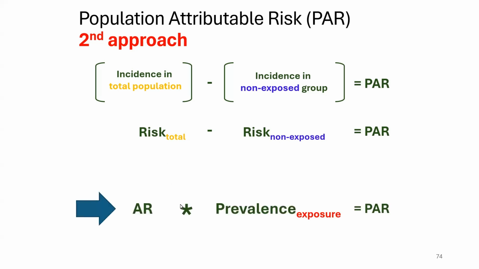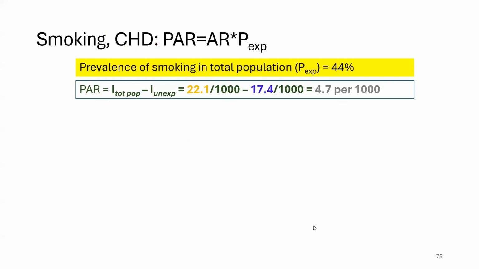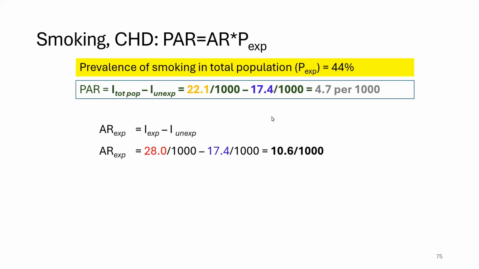We can calculate this instead by taking what we've calculated to be the attributable risk and multiplying it by the prevalence of the exposure. So in examining this relationship, we've calculated the attributable risk here in the population as we did previously. And then we take that prevalence that we recently discovered and multiply it by our attributable risk.